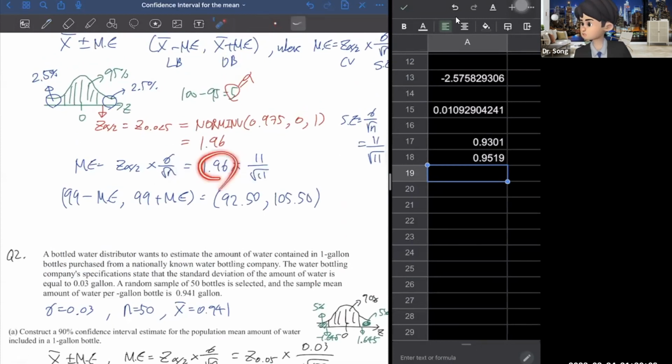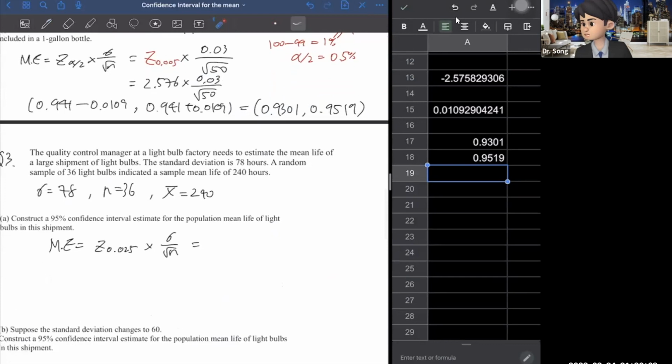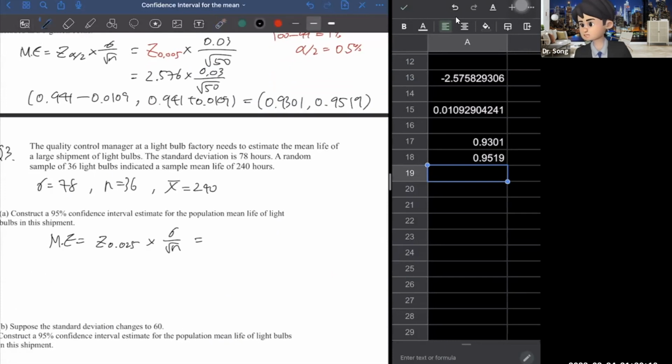So we can reuse that number. You don't need to calculate it every time you find this Z critical value. This is just 1.96. When you solve a couple of questions, you automatically memorize this Z critical value. So 95% is 1.96, 90% is 1.645, something like that. And then sigma is 78 and over the square root of 36. So that gives you the margin of error.